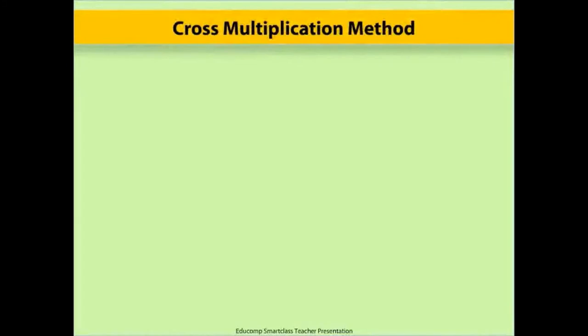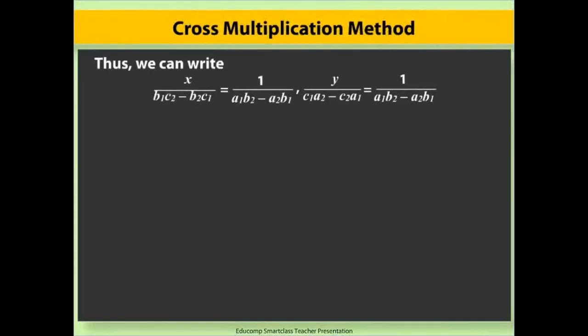Cross multiplication method. Thus, we can write x upon (b1c2 - b2c1) = 1 upon (a1b2 - a2b1), y upon (c1a2 - c2a1) = 1 upon (a1b2 - a2b1).